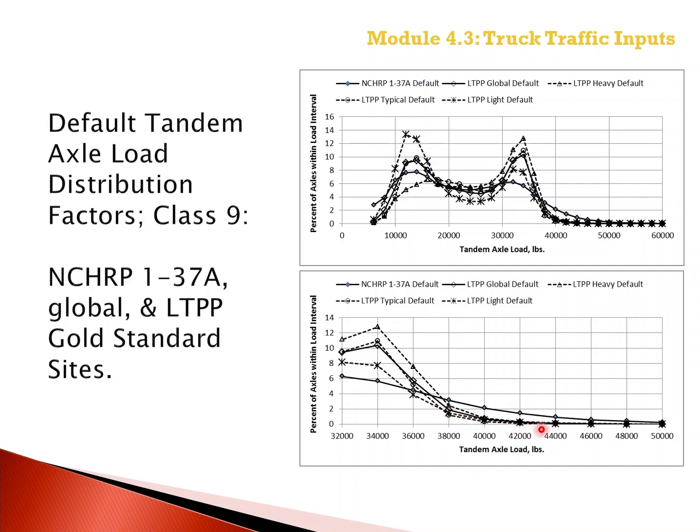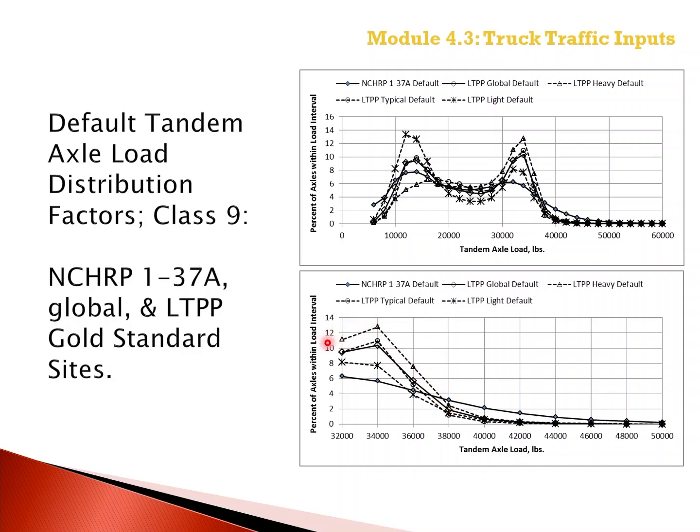The LTPP heavy default distribution is the open diamonds, shown by the dashed line here.